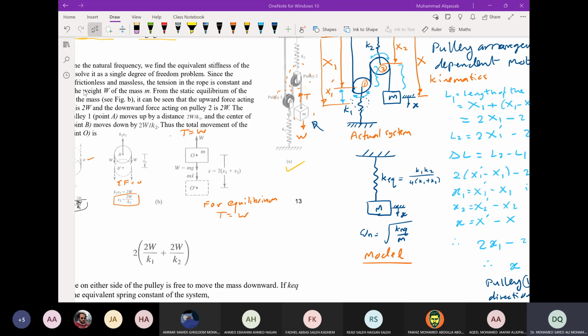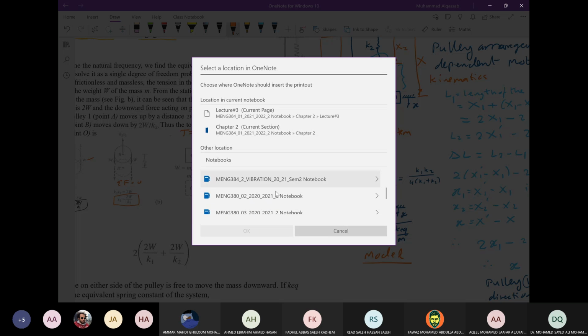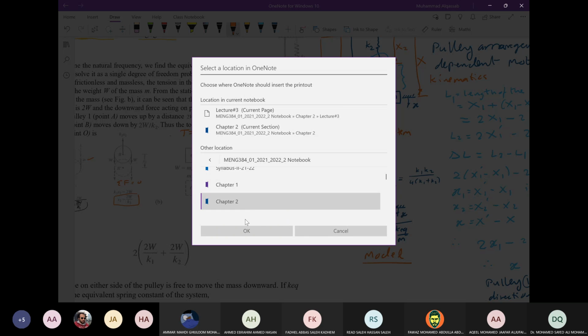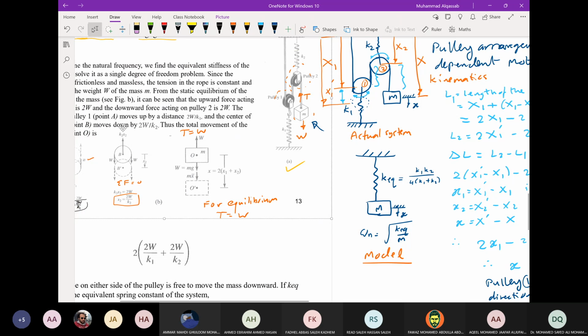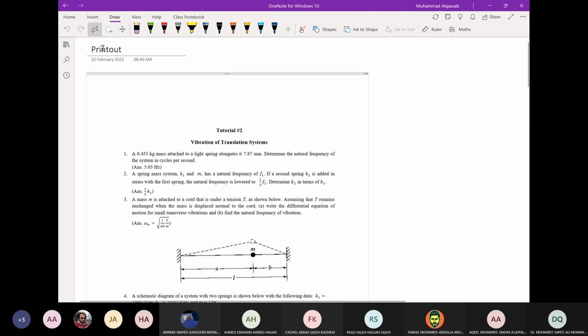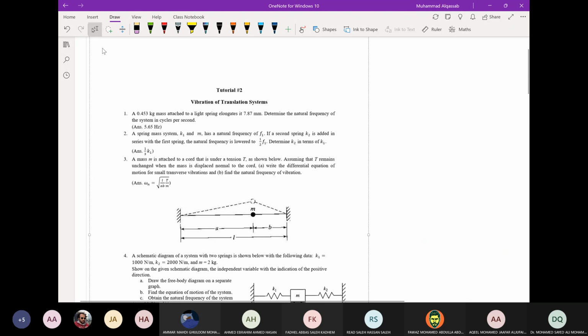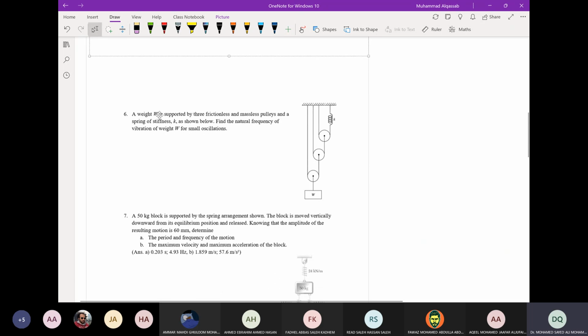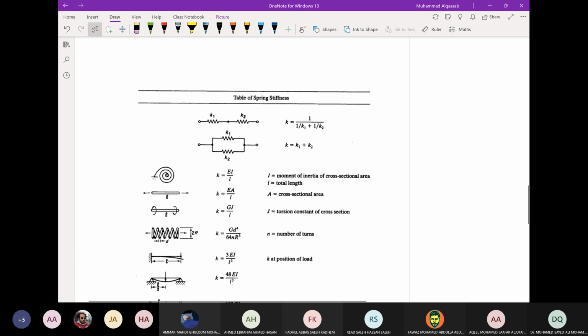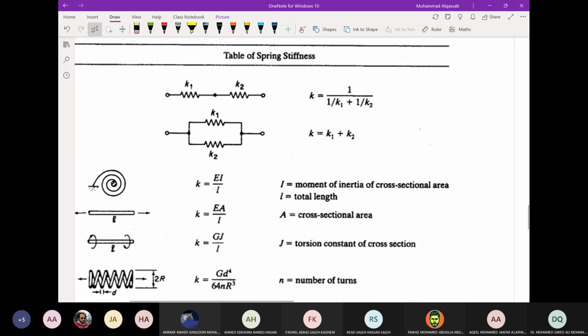In tutorial 2, you will find there is a table here at the end.